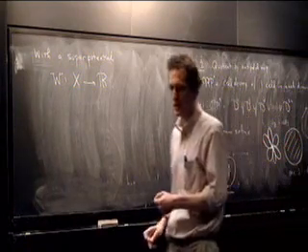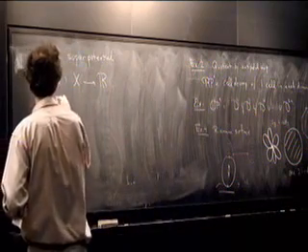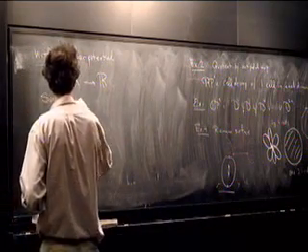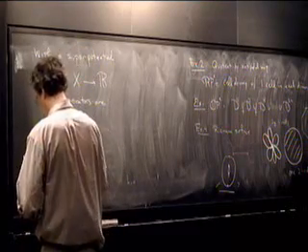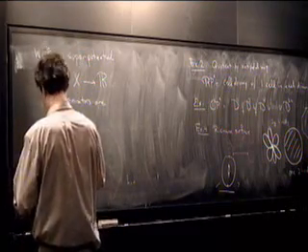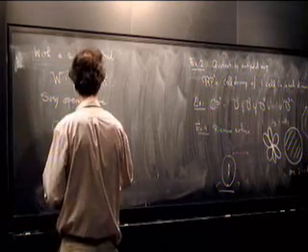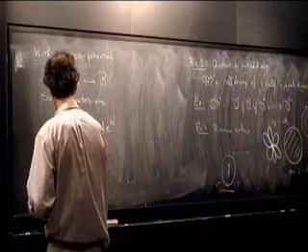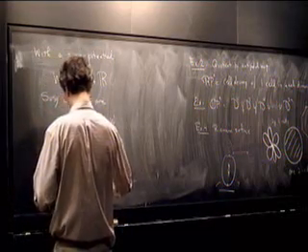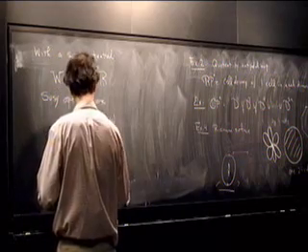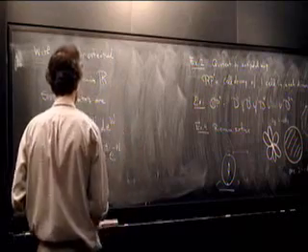With a superpotential, the supersymmetry operators are Q equals i e^{-W} d e^{W}, and Q dagger, which is i e^{W} d dagger e^{-W}.